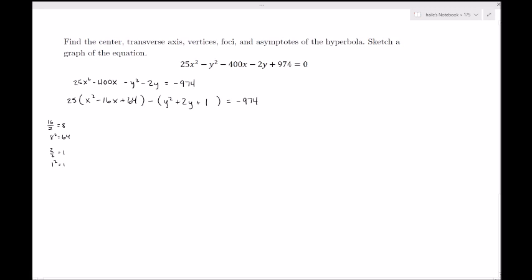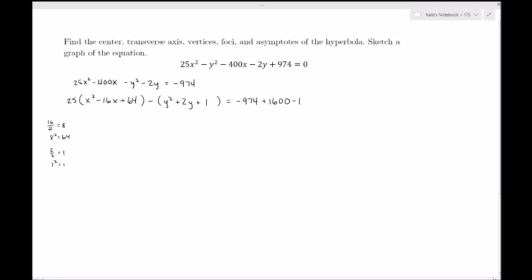So to the other side, we need to add 25 times 64, which is 1600. Same thing goes for the y terms. Because we have a negative sitting outside of the parentheses, even though we're adding a 1 inside the parentheses, we're actually adding a negative 1. So to the right side, I'm also going to add a negative 1.